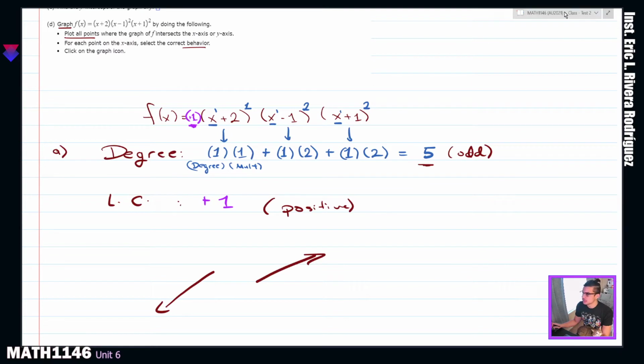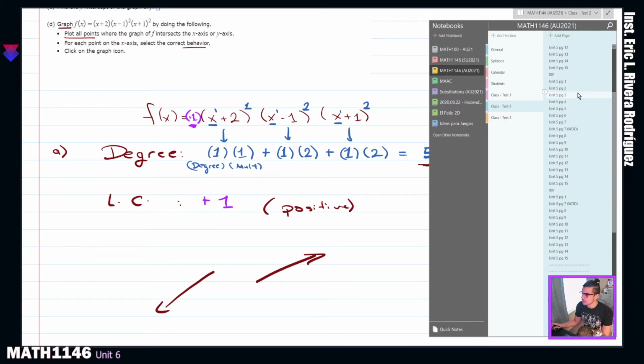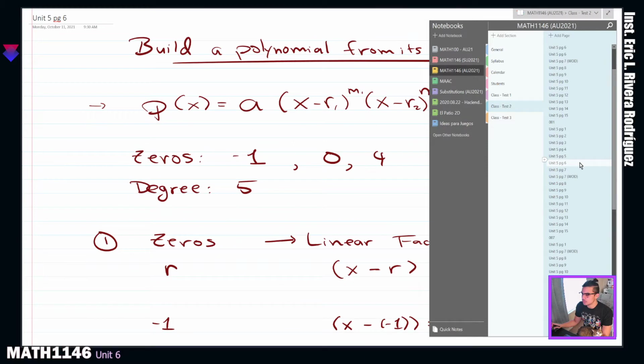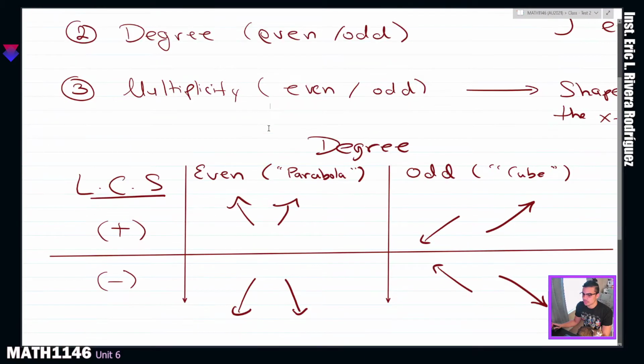So if our degree is even, then the behavior is going to be like a parabola shape, although we don't know what's happening in the middle, but on the ends of the graph we know that both sides will go up if the leading coefficient is positive, and if the leading coefficient is negative, then the ends will go down.